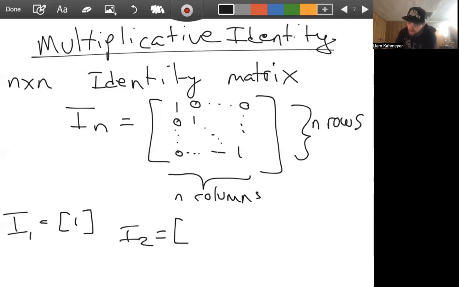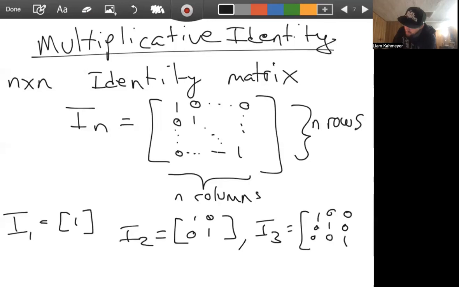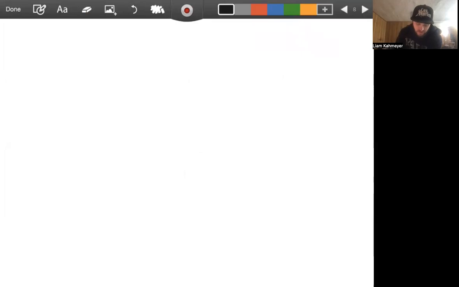The 2 by 2 identity matrix would be 1, 0, 0, 1. I3 would be 1, 0, 0, 0, 1, 0, 0, 0, 1, right?